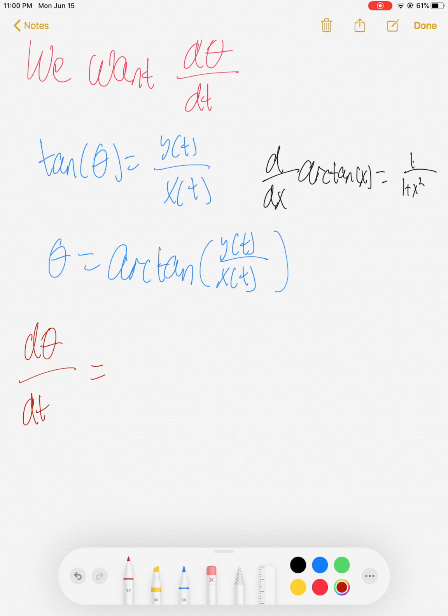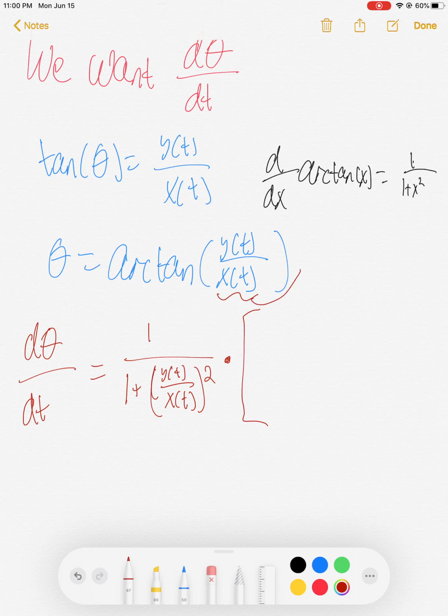So recall, this is a tricky derivative, but it's a good one to know for sure. Let me use a different variable because we've already used so many variables. I'll just call it x. The derivative of arctangent of x, you'll recall, is 1 over 1 plus x squared. So in this case, we're going to have to use the chain rule. The first thing we're going to do is have 1 over, and then in our denominator, 1 plus, and whatever is on the inside, we want to square it.